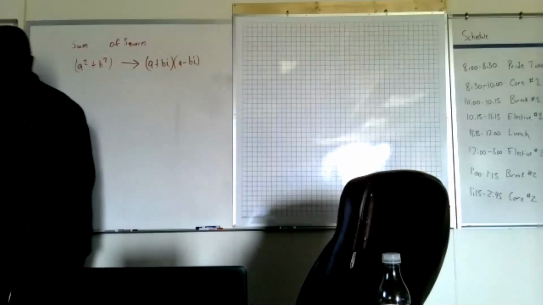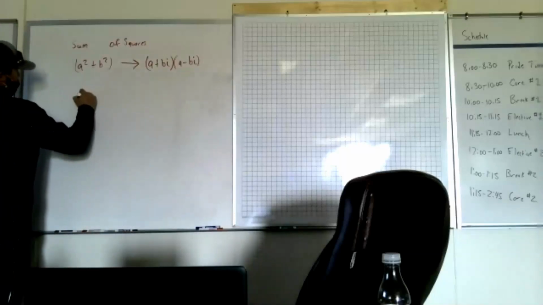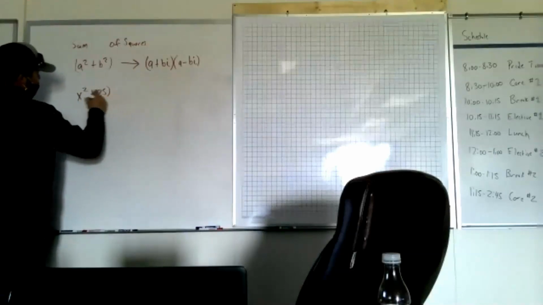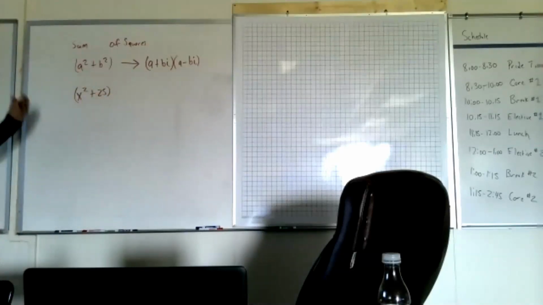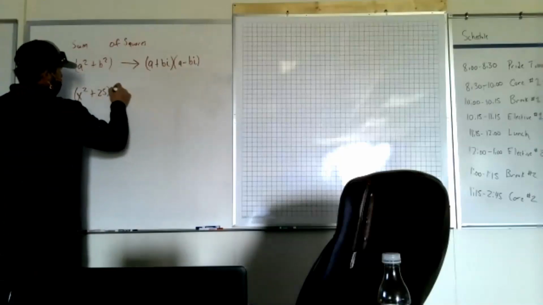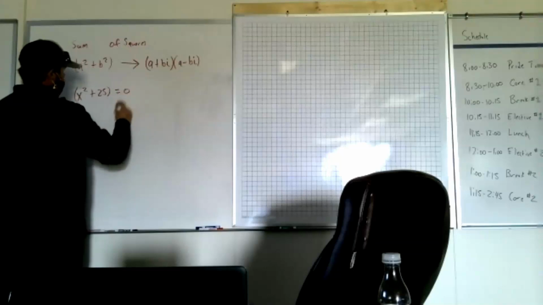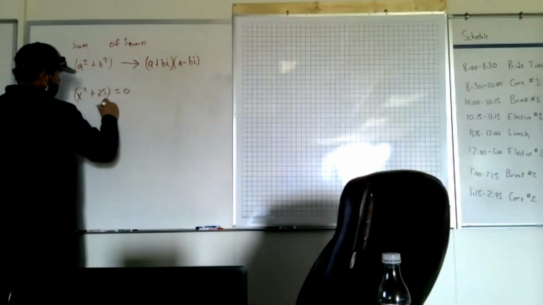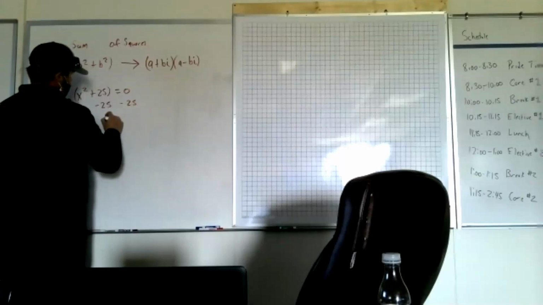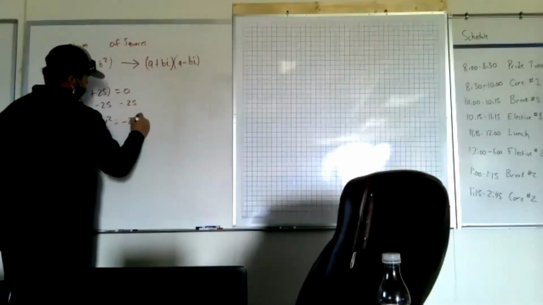So for example, I could do x squared plus 25. Right? And they're saying solve it. Okay, well, it's set equal to 0, so I isolate my variable by subtracting 25 on both sides. That gives me x squared is equal to a negative 25.